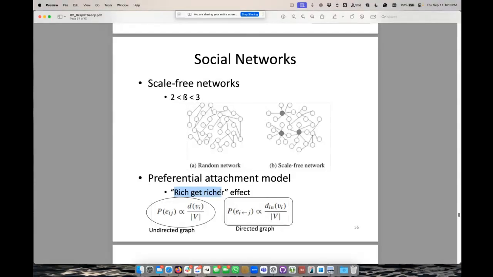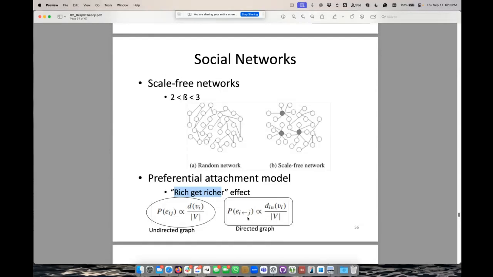When you look at social media platforms, let's say Facebook or Twitter, you'll see that some individuals who already have a lot of connections keep getting more and more followers as opposed to the others. That's exactly what the preferential attachment model is. And these equations govern those behaviors, where the probability of creating an edge between two nodes i and j depends on the degree of the destination vertex i, right?